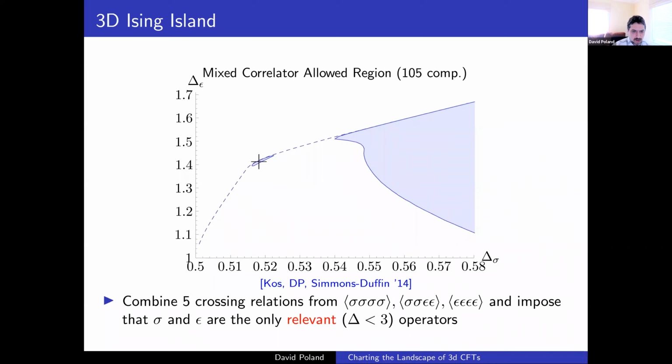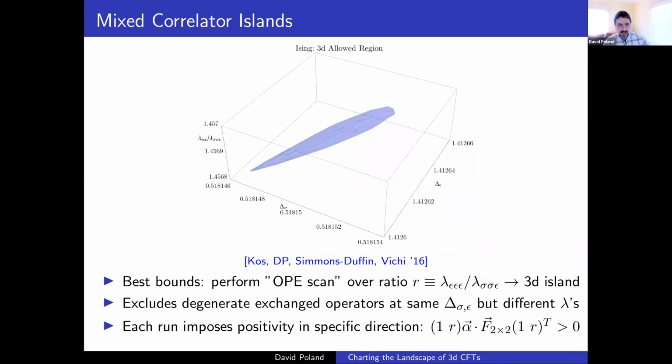Okay, so here we understood how to get this island, and now you can ask, what does it take to shrink it further? One thing that helps to shrink it further is to input some information about the OPE coefficients involving sigma and epsilon.